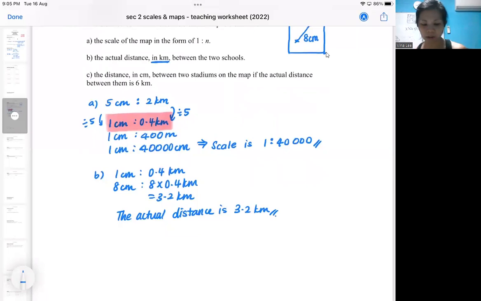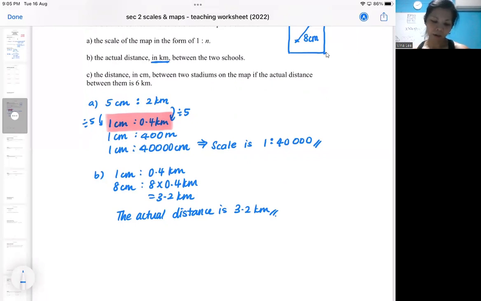I actually wonder, so which one is the answer? So is 8 centimeter the answer or 3.2 kilometer the answer? Okay, so interpret the values that you have found. So it's always good to answer with a statement, and I will suggest or encourage strongly that all of you should do that.